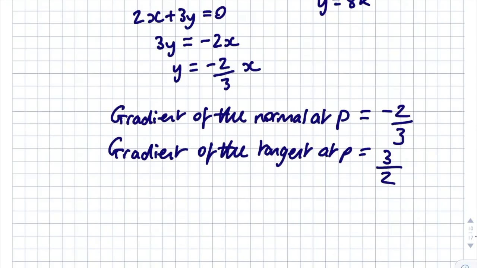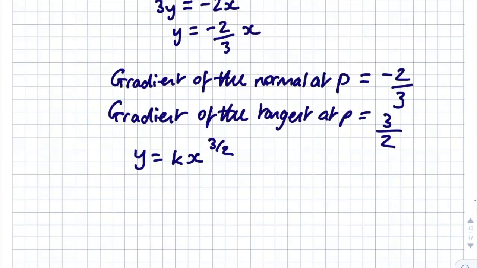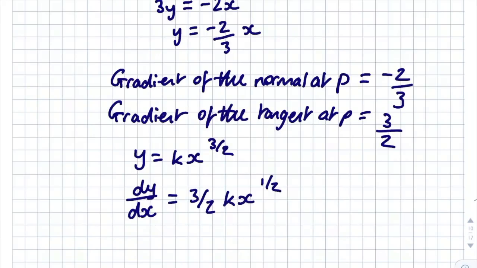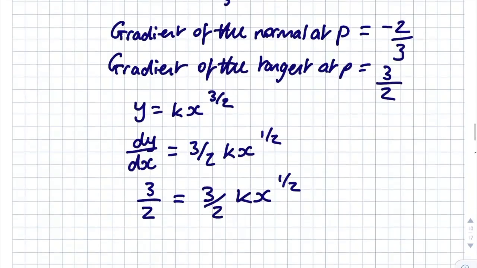Now, we've got the equation for the curve, which is y equals kx to the power 3/2. If we differentiate this, dy by dx is going to equal 3/2 kx to the power of a half. We know what the gradient of this function is, because we've just worked out that the gradient of the tangent at P is 3/2. So if we make this equation equal to 3/2, then we should be able to solve for k.